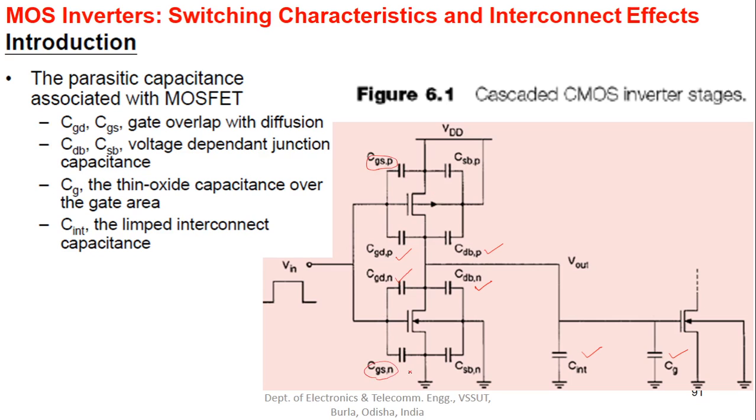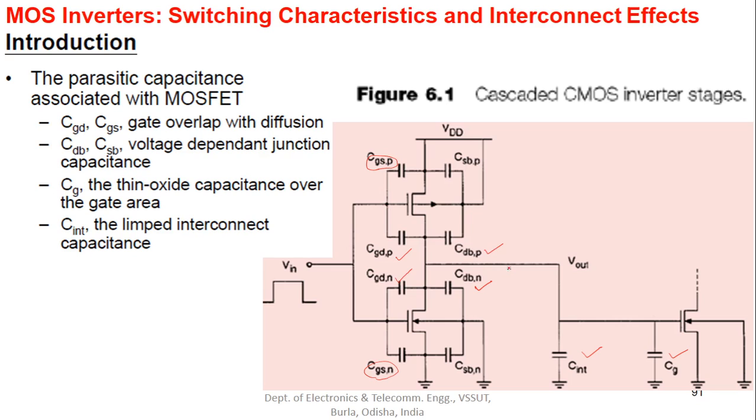Since these are connected to the input side, they will not be taken. CGSN is connected between the input and the ground, and CGSP is connected between the input and the supply voltage. So they are connected at the input side, and we cannot say that they directly affect the output voltage.